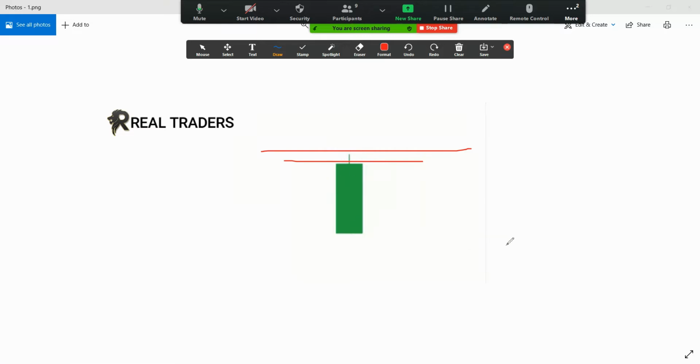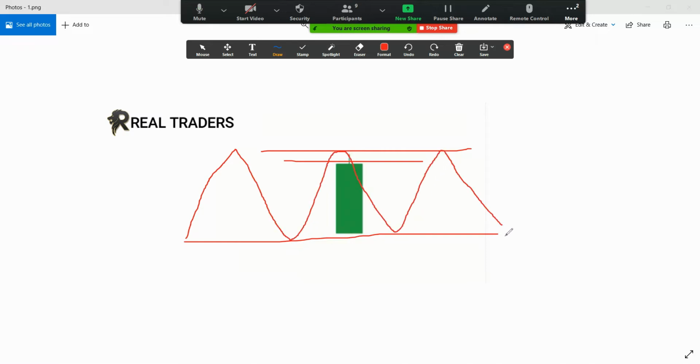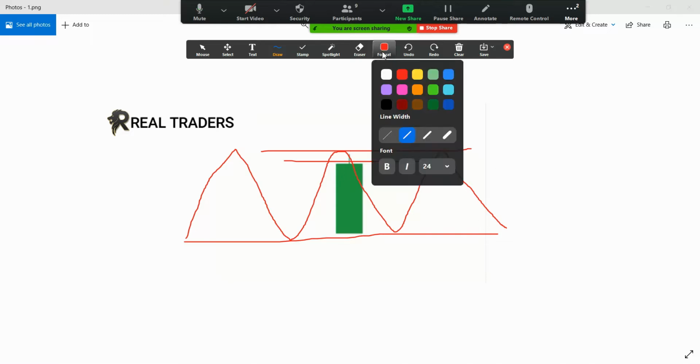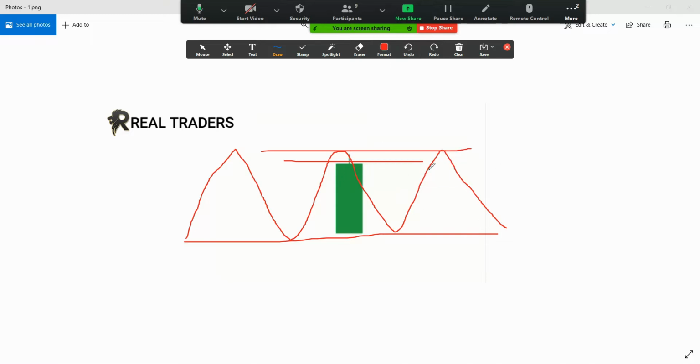If suppose there is a ranging market, the market moves like this. What can we expect in this condition? This is a ranging market. We are seeing a strong bullish candle closing exactly at the level. What can we expect?